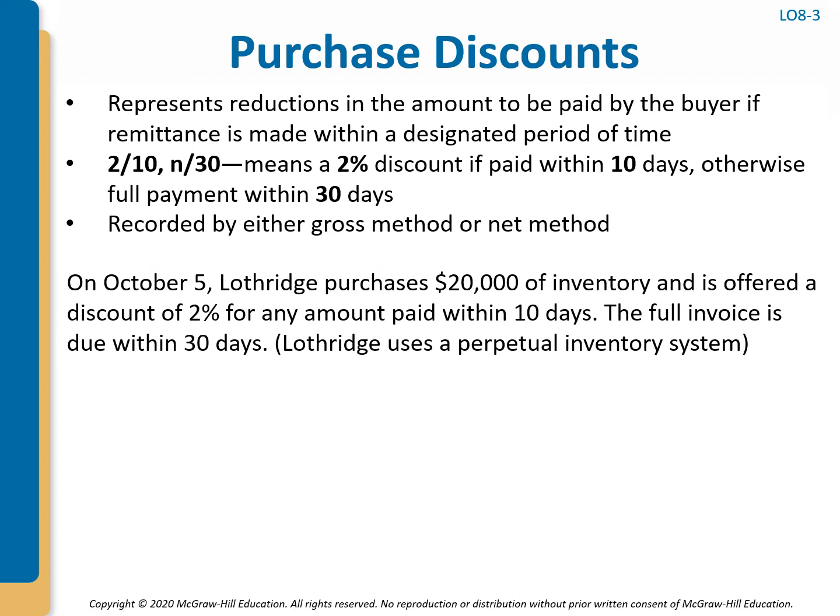On October 5, Lothridge purchased $20,000 of inventory and is offered a discount of 2% for any amount paid within 10 days. The full invoice is due within 30 days. Again, this is the notation 2/10, n/30. Lothridge uses a perpetual inventory system, so all the changes go straight into the inventory account.